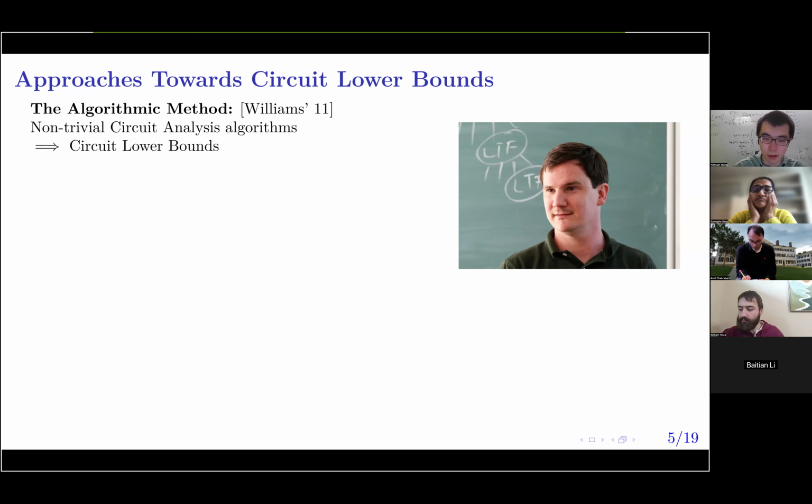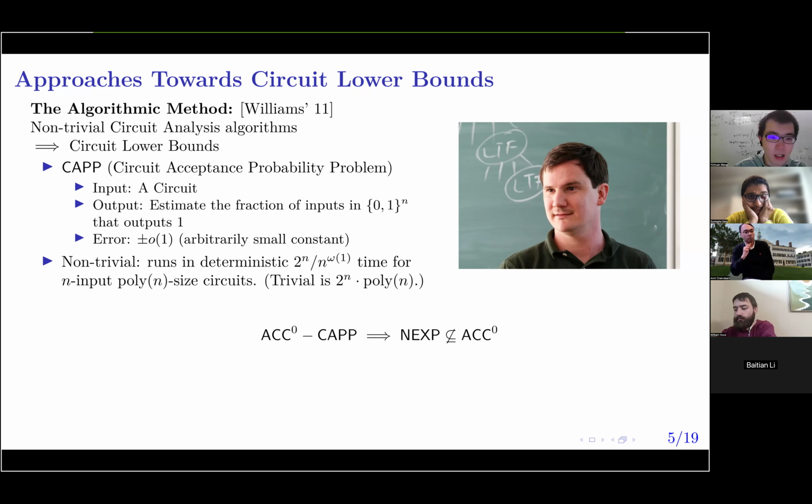Okay, so let me tell you what it means. For circuit analysis algorithms, today we will consider the problem called CAP, the circuit acceptance probability problem. For this problem, the input is a circuit. What we need to compute is, this circuit has a truth table of size 2 to the n, and we need to estimate the fraction of ones in this truth table. The typical setting is we allow a small O of 1 error.